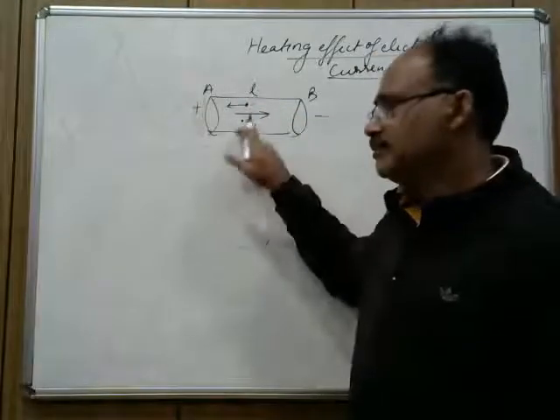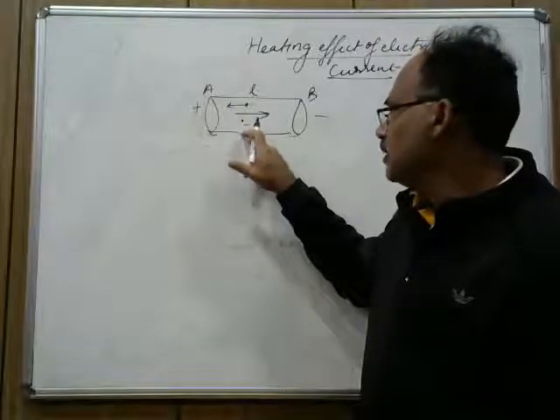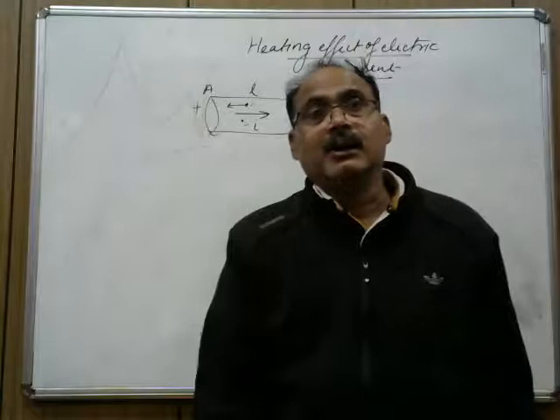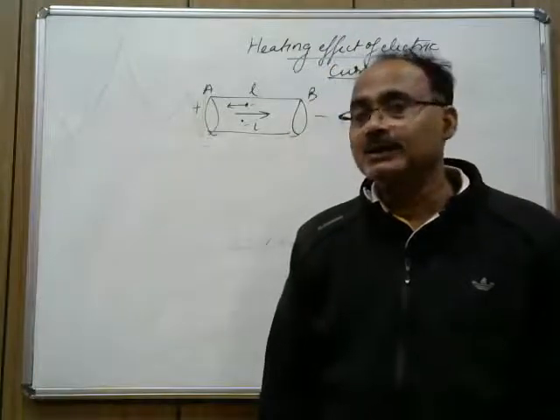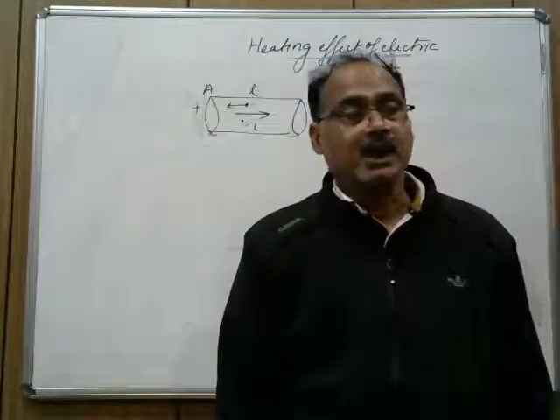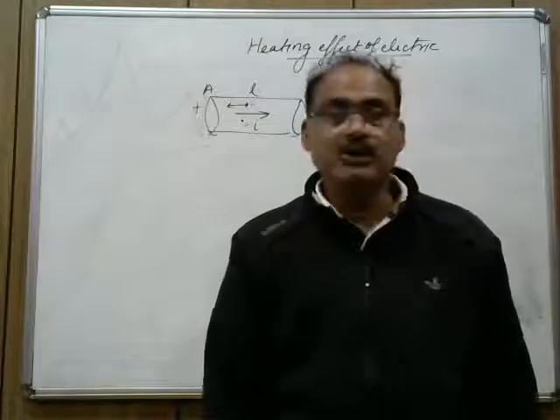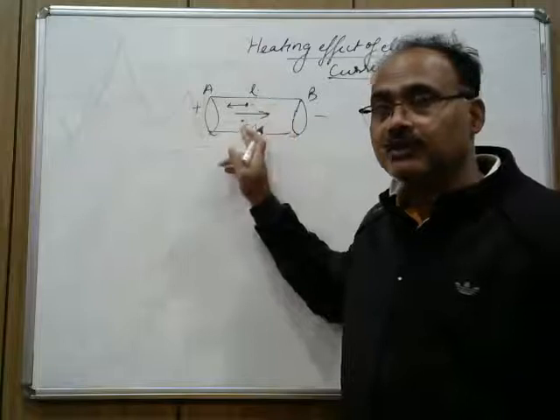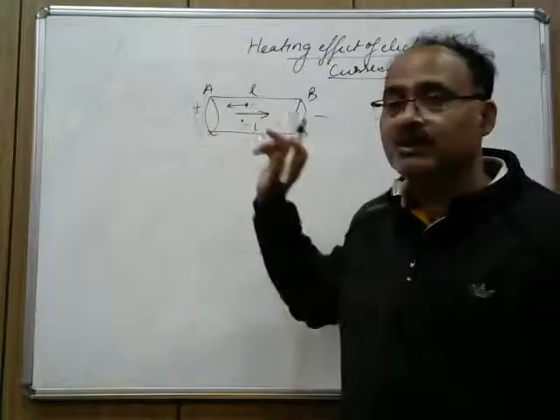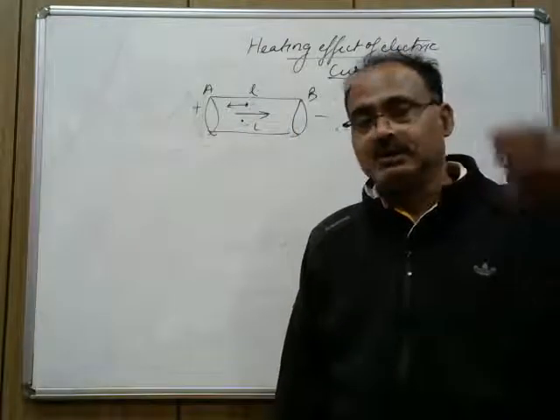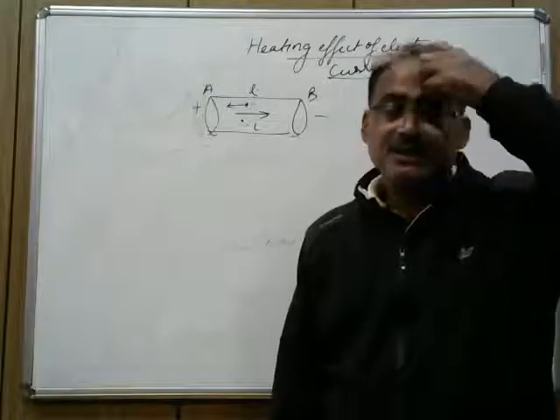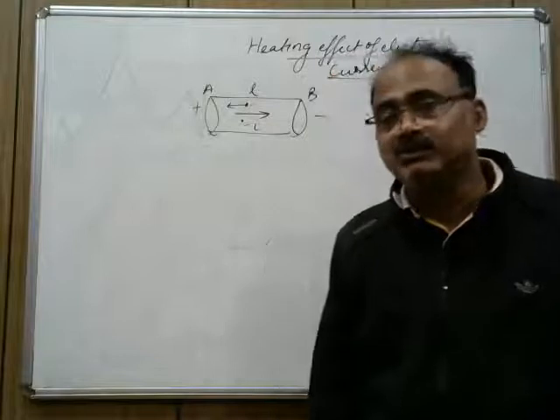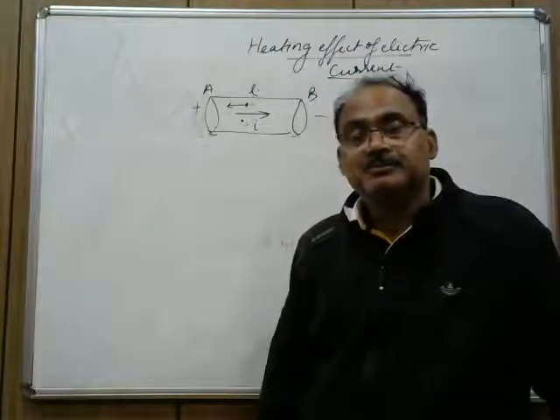During the process of drift, they collide with other electrons of the conductor as well as with the iron core of the conductor. They collide with the free electrons of the conductor or moving electrons of the conductor and with the iron core of the conductor. During that collision, there is exchange of energy and some heat is liberated because the moving electron loses some kinetic energy.